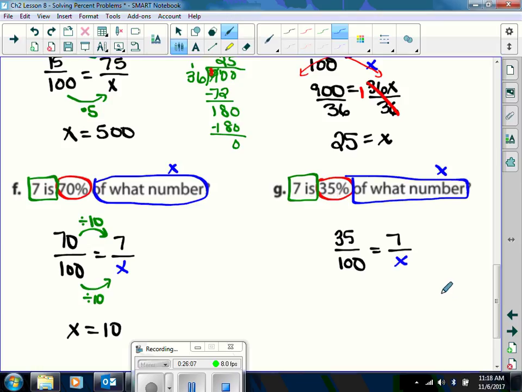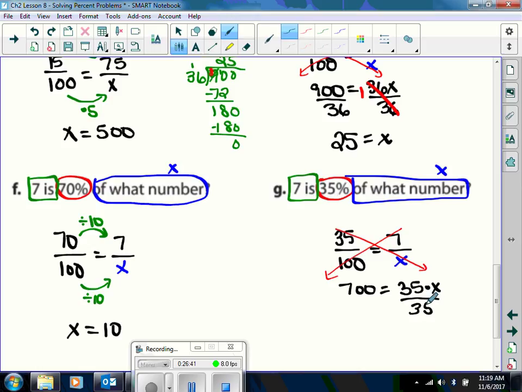So now when we cross multiply, on one side we have 7 times 100, which is 700. And that's going to be equal to, cross multiplying on the other side, 35 times x. Now, to get that x by itself, we're going to divide by the number that's in front of the x. So we're going to divide by 35 here.